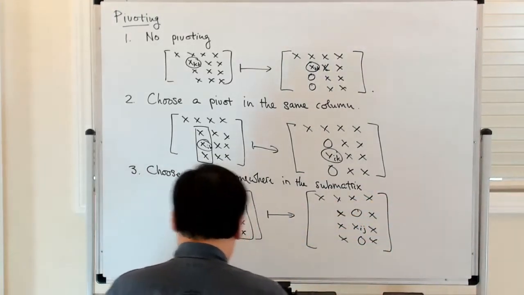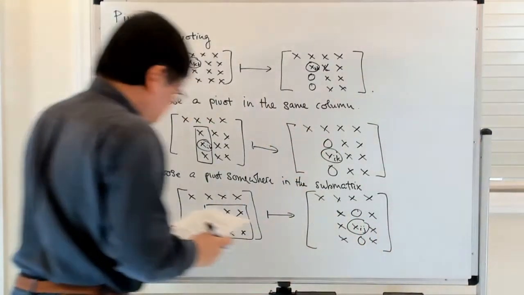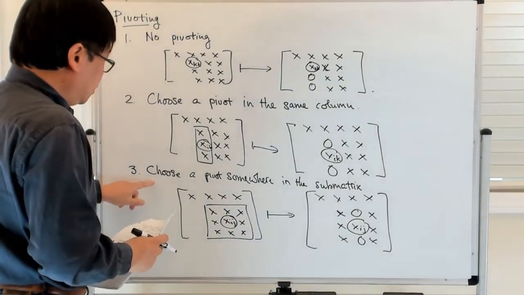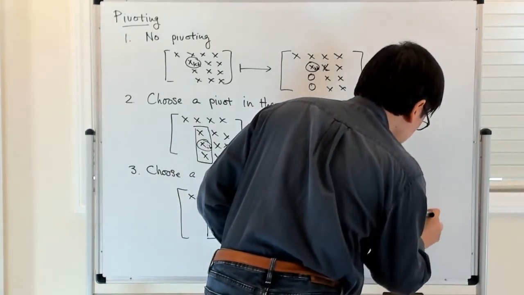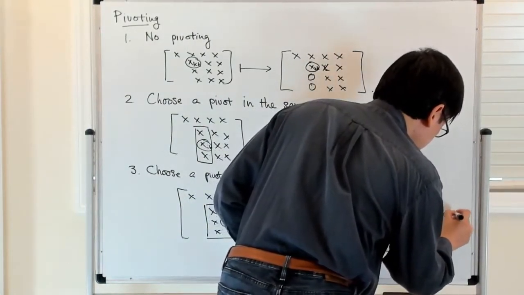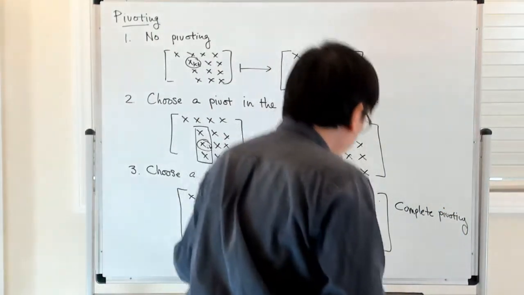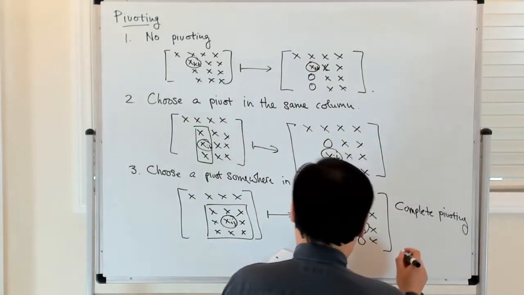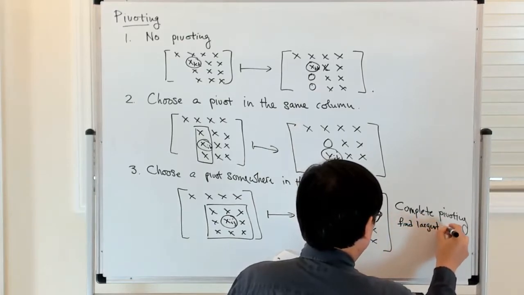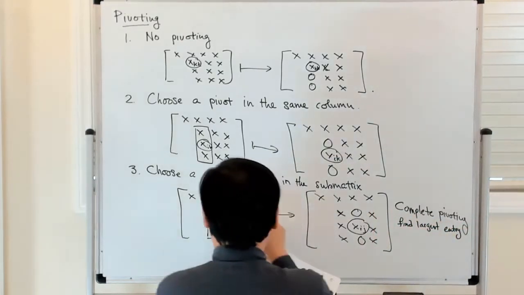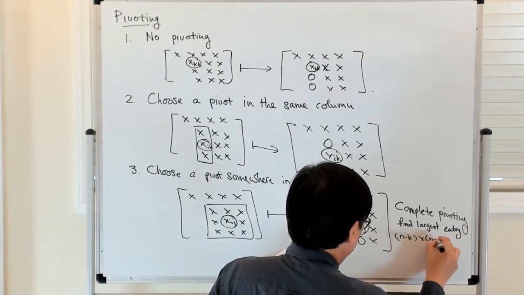So this is what is called complete pivoting. You have to find the largest entry in a submatrix, which is n minus k by n minus k.